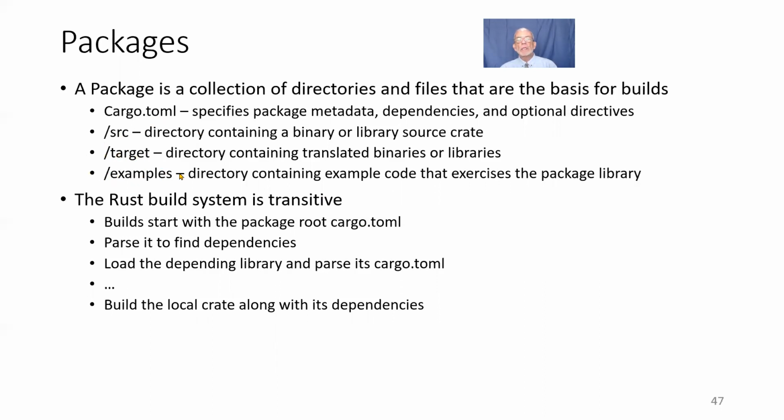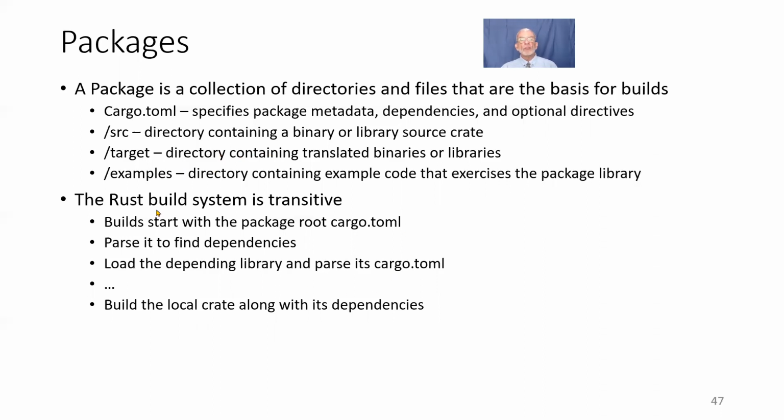And you can create an examples directory and load binaries there. Let's say I'm building a library and I want to exercise it, or I want to demonstrate it to my users. I can build an examples directory and put in demonstration binaries that load my library and exercise it in different ways just to show people what it does. Or I can use it for a regression test.